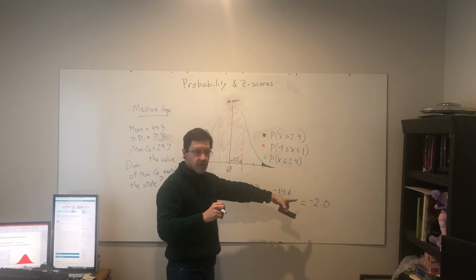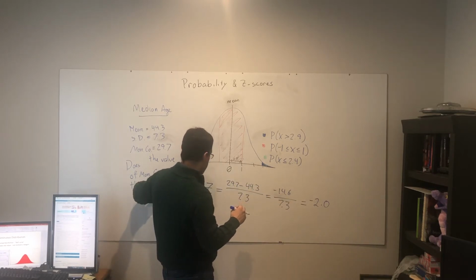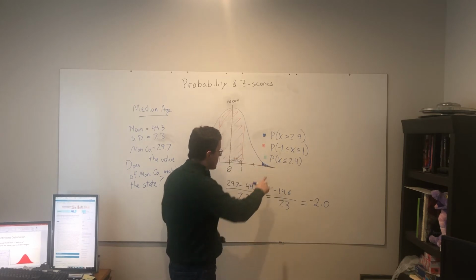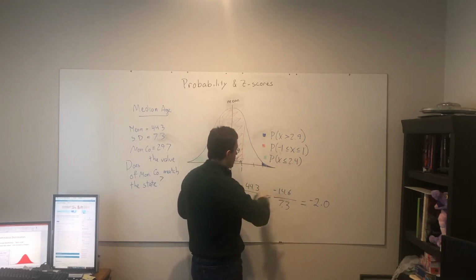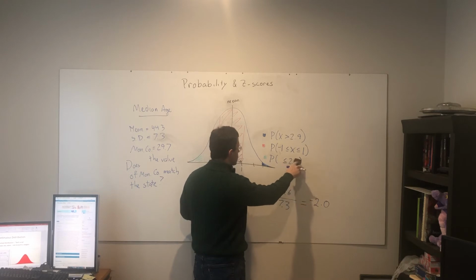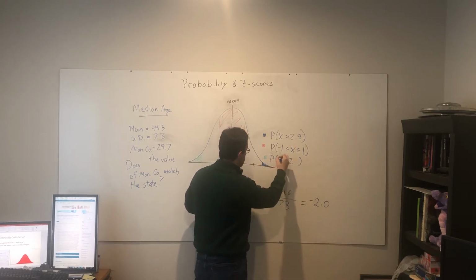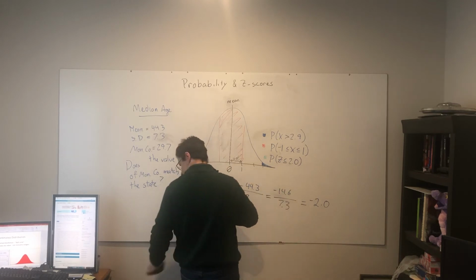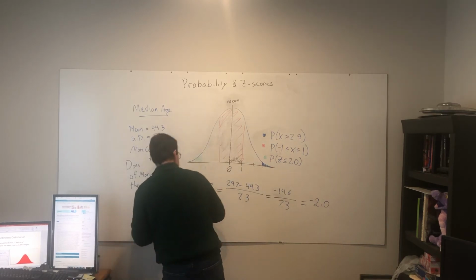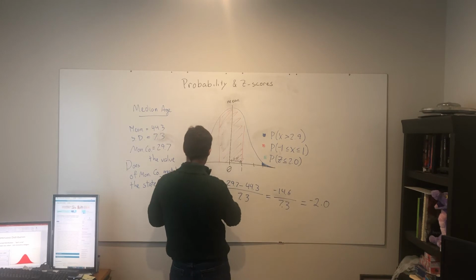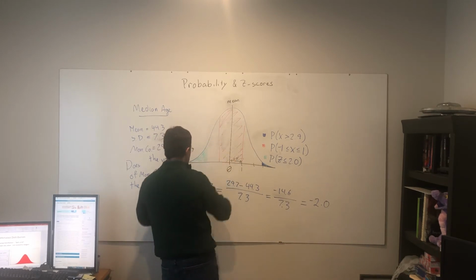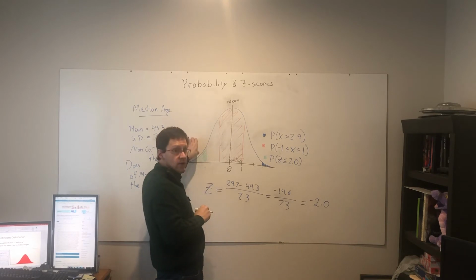Now I can assess this question by looking up the probability. Instead of x, this could become z less than -2.0. And that's going to be this green area, a little bit more than the -2.4 I had before.